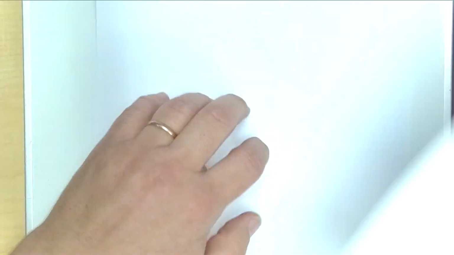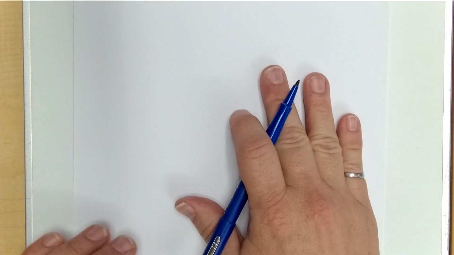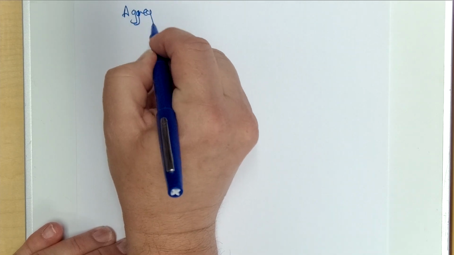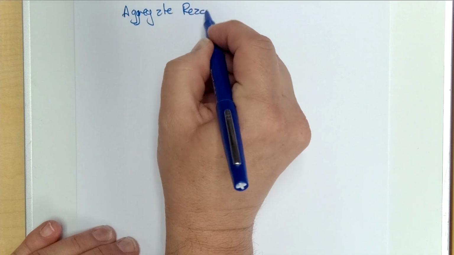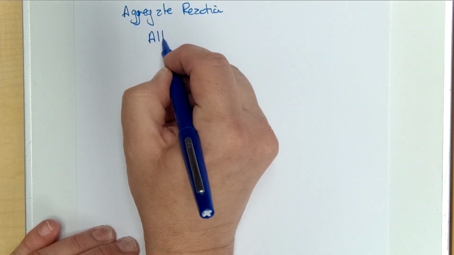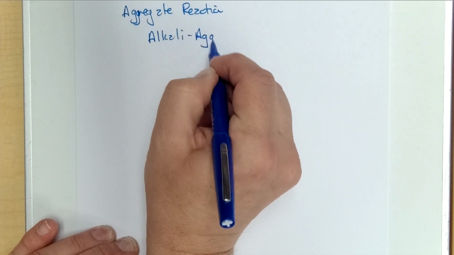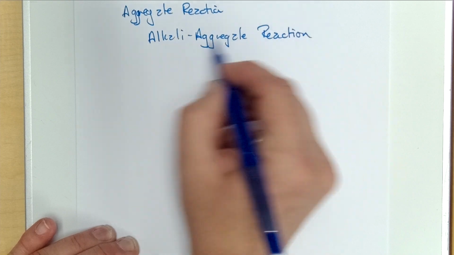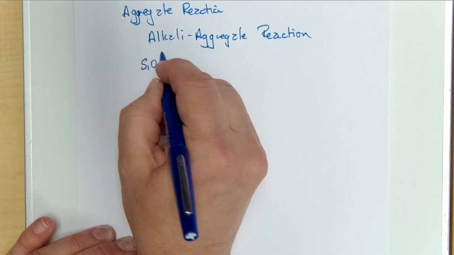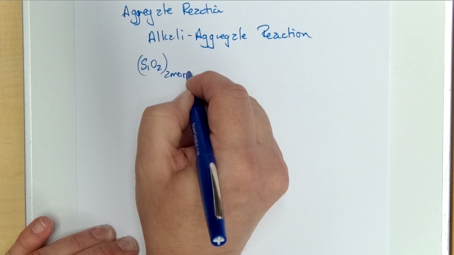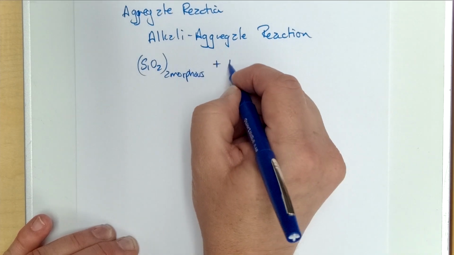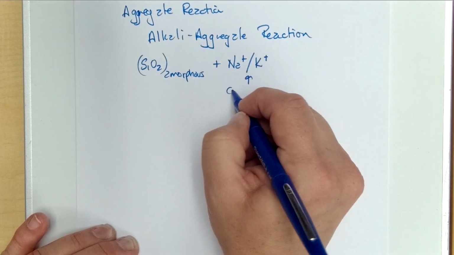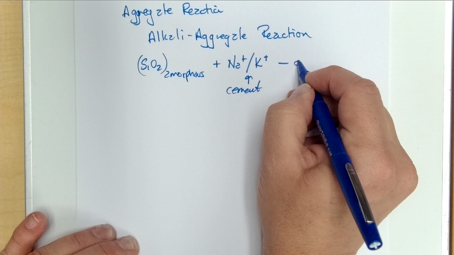One very nasty problem is aggregate reactions. In particular, the alkali aggregate reaction. We have silica that's amorphous in the aggregate. That combines with the alkalis from the cement, and we get a gel.